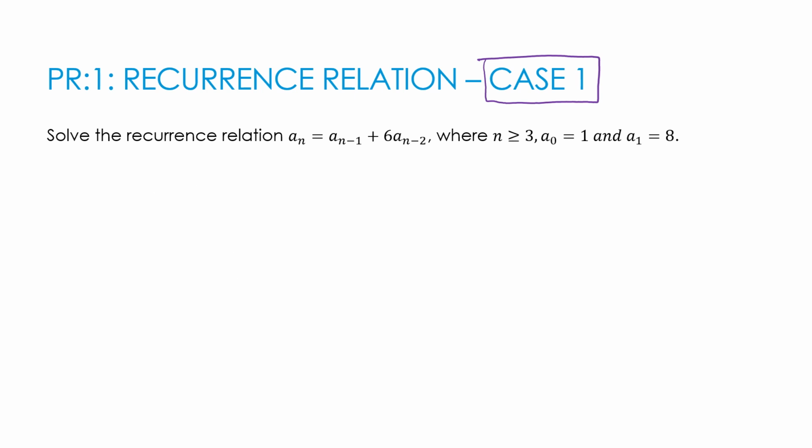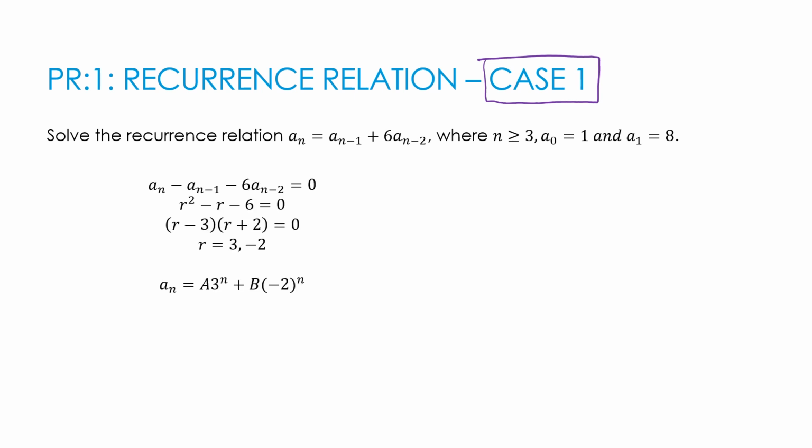So again, step 1 is to put everything in the proper order and write the characteristic polynomial. So that means I've got a sub n, I'm subtracting this from each side, I'm subtracting this from each side, so I want this equal to 0. Notice I went straight to the characteristic polynomial in this case, so what I was looking at is this guy is the smallest, a sub n minus 2, so that's r to the 0.